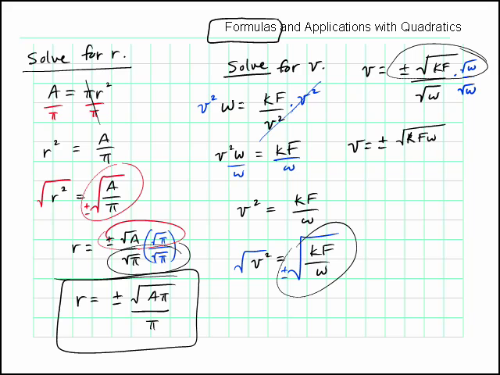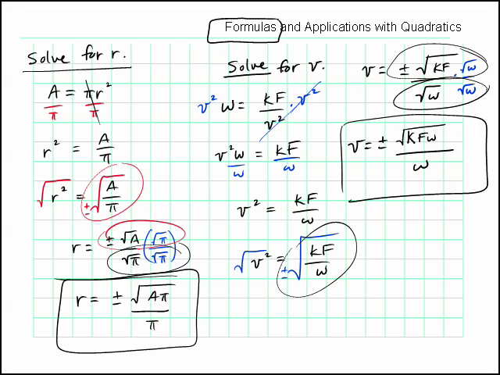Okay, good enough. That's a k in there. Over square root w times square root w is just w. And let me try to fix that one more time. There. And we have it solved for v. There it is, right there.